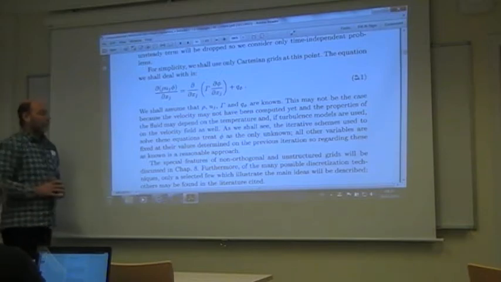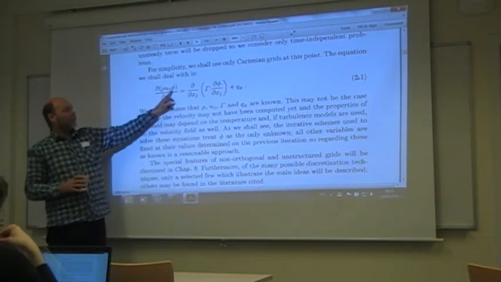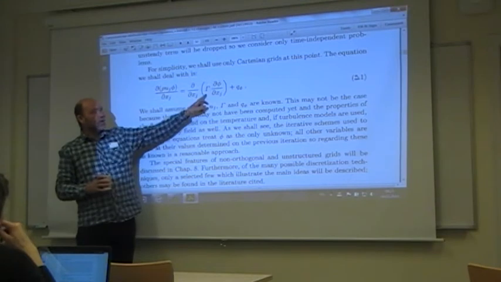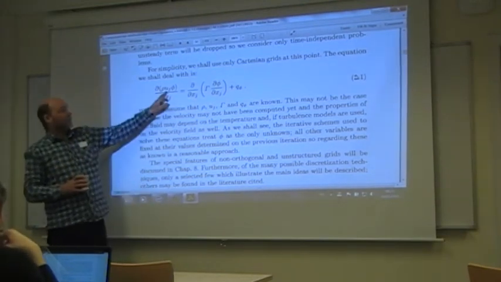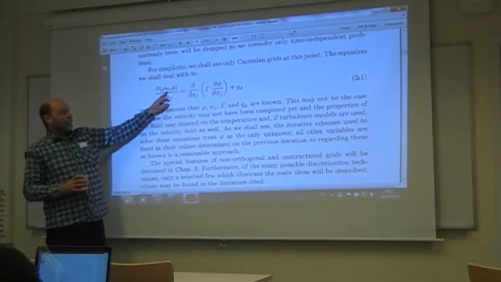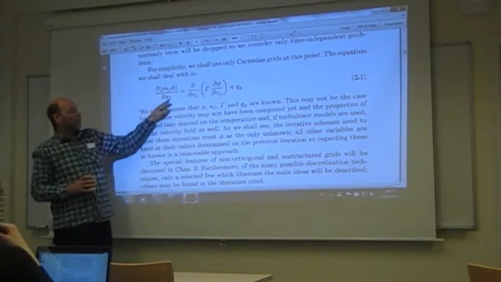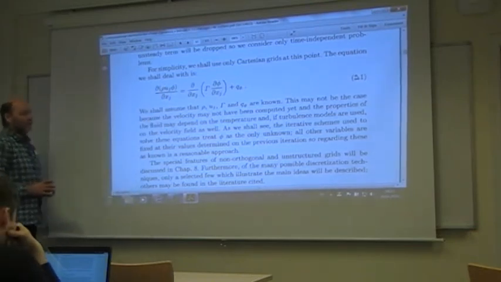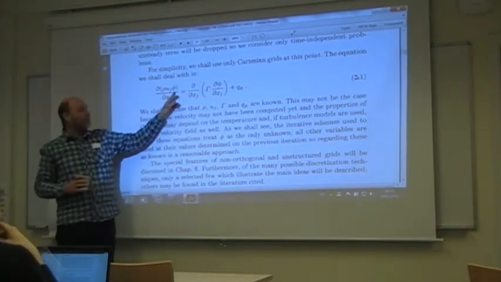So he uses the same notation as Patankar, using this generic unknown phi and this diffusion coefficient large gamma. The velocity here is not necessarily the unknown. So it's a way to linearize this advective term when the unknowns are the actual velocities, as it normally will be.